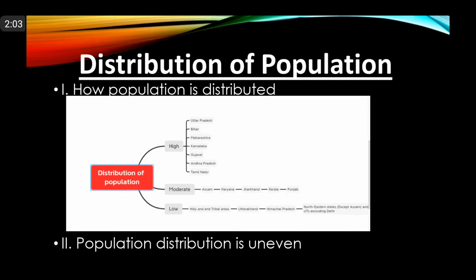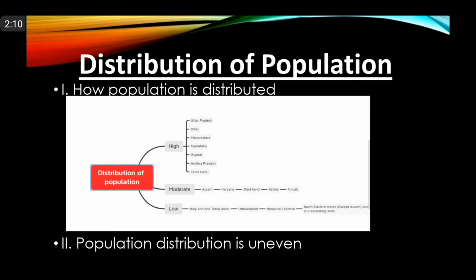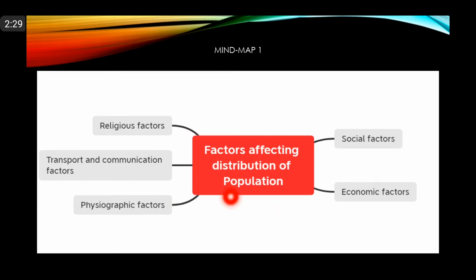But before discussing those factors, let me tell you that as population distribution is uneven in our country, some states are highly populated or densely populated states, some are moderate and some are low or sparsely populated states. Okay. Now, let us move to the factors affecting the distribution of population.